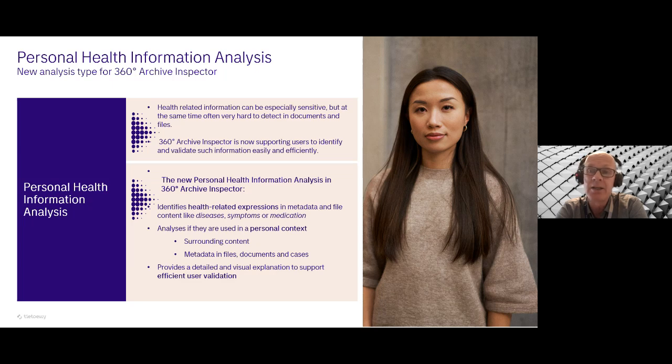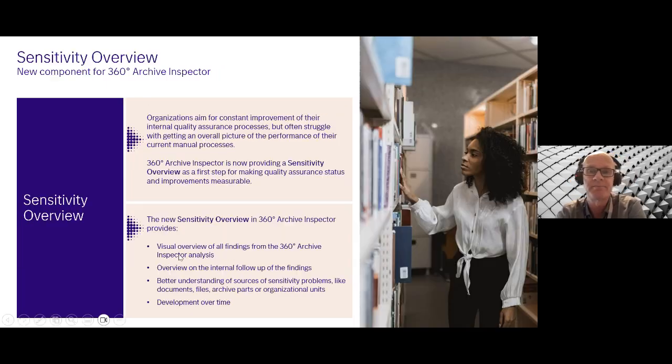Archive Inspector will analyze surrounding text of health words, as well as metadata on file, document, and case, to establish if the information is about individuals and not the general population. And to enable users to quickly assess if the information needs screening, emphasis has been taken to ensure that the validation is understandable and efficient. In the demo, we will see how this is done in practice.